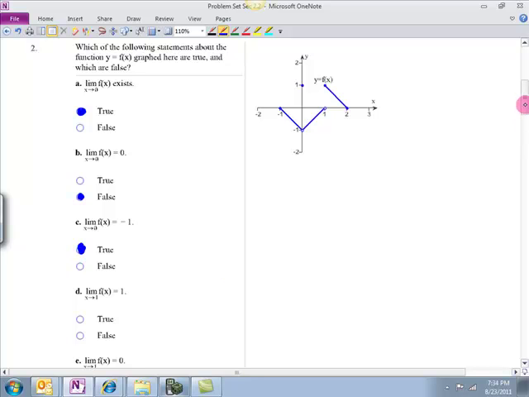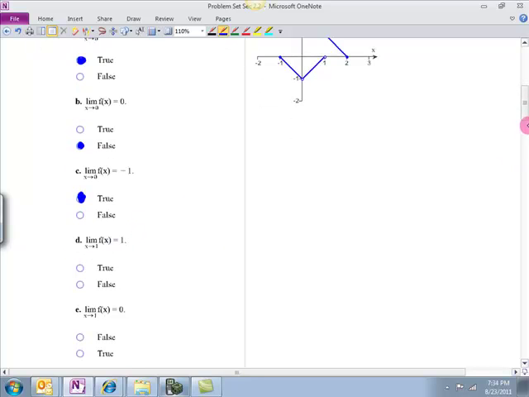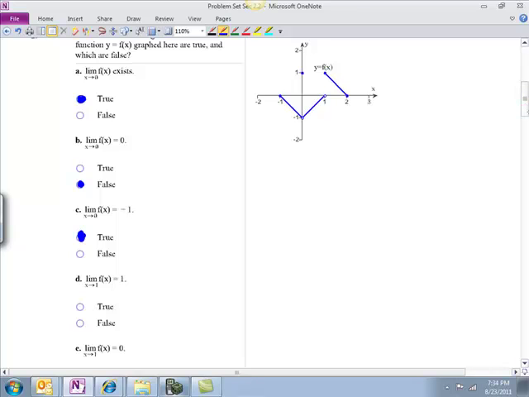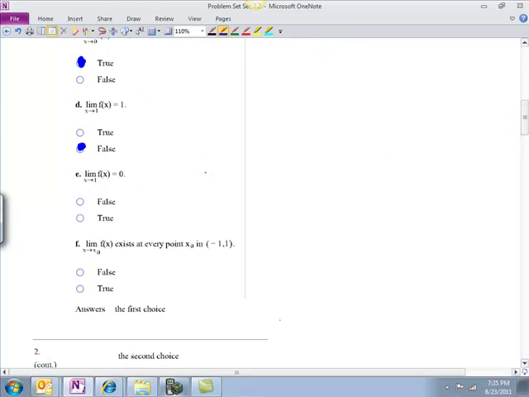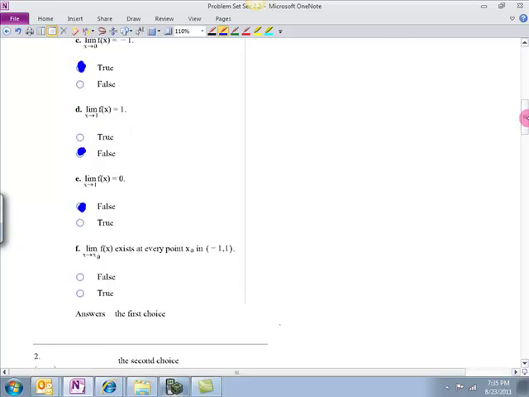The limit as x approaches 1 is equal to 1. False. Because as we approach 1, what do we have? Two different things. Limit as we approach 1 is 0. False. The limit as x approaches x sub 0 exists at every point in the interval -1 to 1.